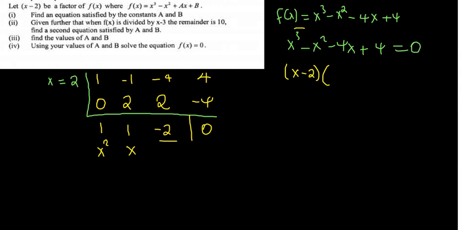Since we started with the power 3, the power is going to drop by 1, that's why we are saying x power 2. If the highest power was power 4, using the synthetic method, this would be power 3. So that is x squared plus x minus 2 is equal to 0.